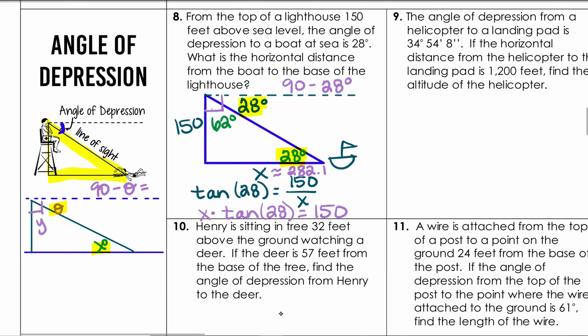So I could write that a little bit neater. Let's write it somewhere up here. So this horizontal distance is 282.1. So really you could think of this as the angle of depression is the angle of elevation.